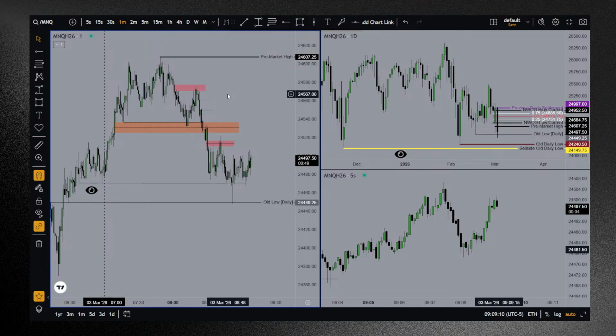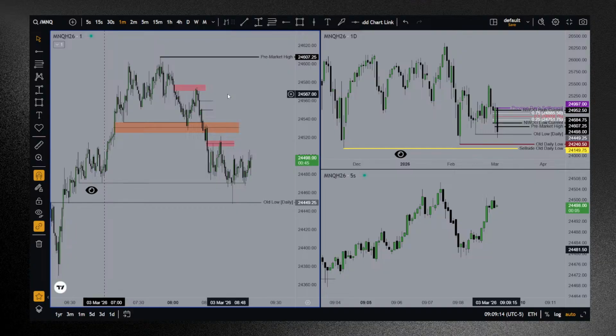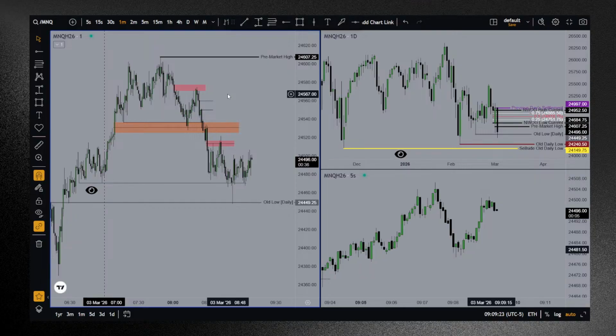But obviously time will tell and price will tell, because we already moved a lot, and that doesn't mean we can't move further, because we can, especially as we have time to do so, because the market has not even opened yet.